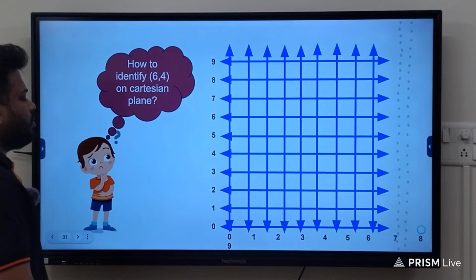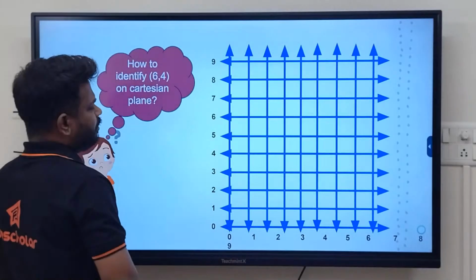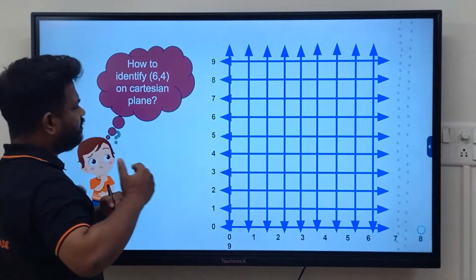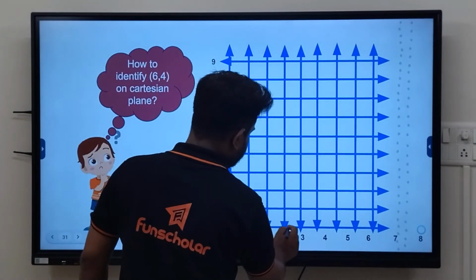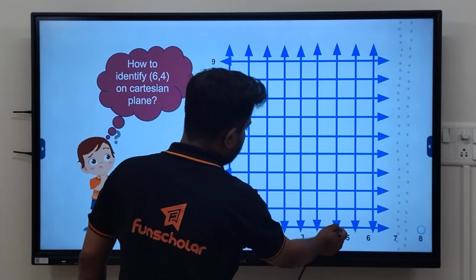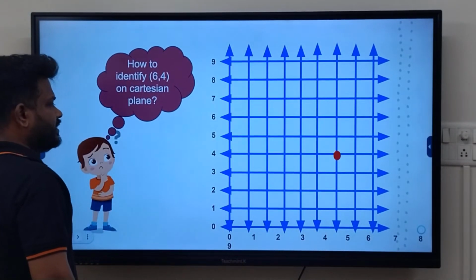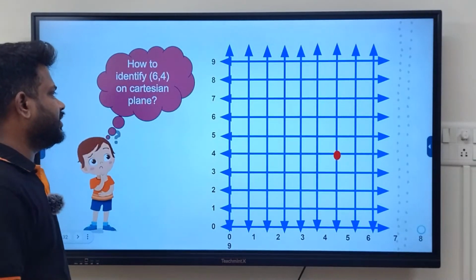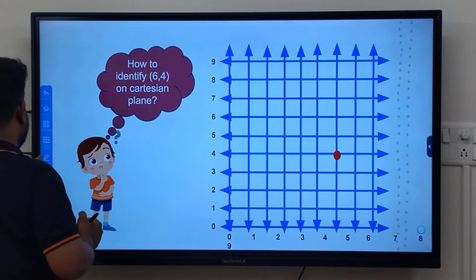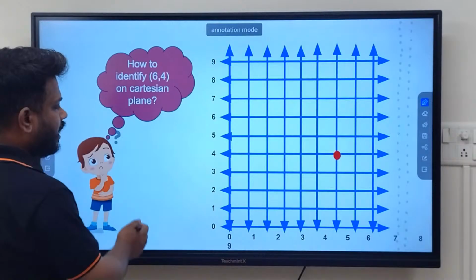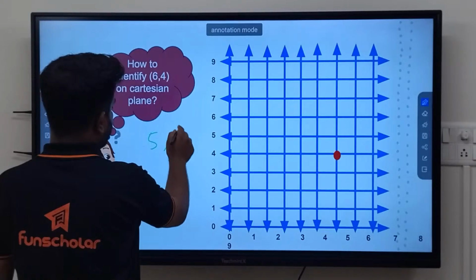Okay. Now 6, 4. So you don't have to see the numbers here, because numbers have been a little bit misplaced maybe. If you try it from here 0, 1, 2, 3, 4, 5, 6 and 4 will be like 1, 2, 3, 4. So this position will be the final position. Yes, this is the position, and you can just simply think about any points. Just like if I tell you to plot 5, 5.